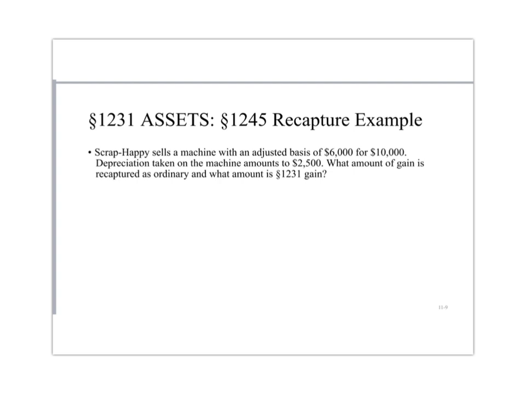Okay, well, what do we have to do? We have to look at what we received and our adjusted basis, and we have to figure out our gain. So we received $10,000. Our adjusted basis was $6,000.